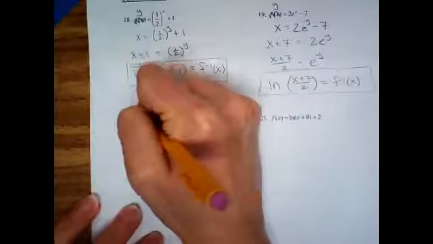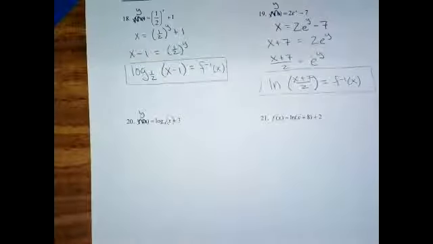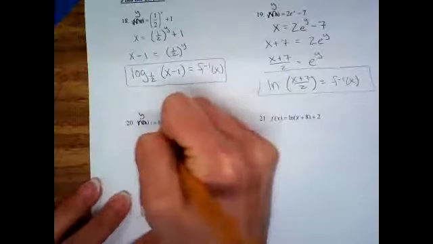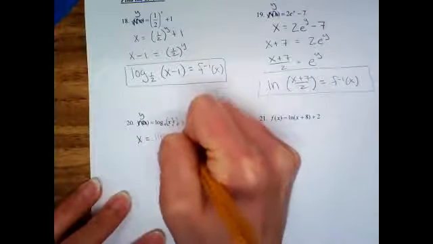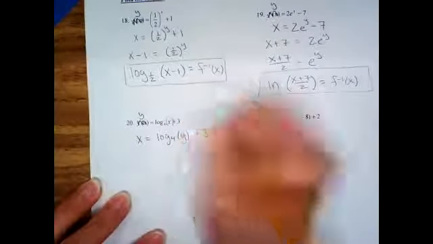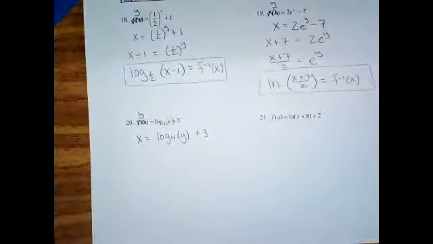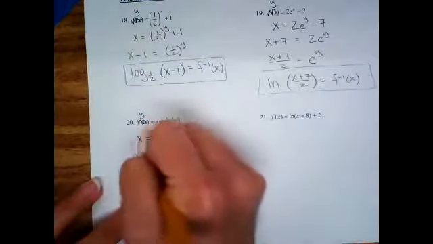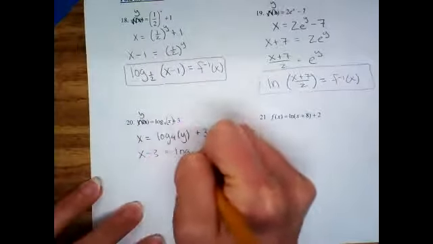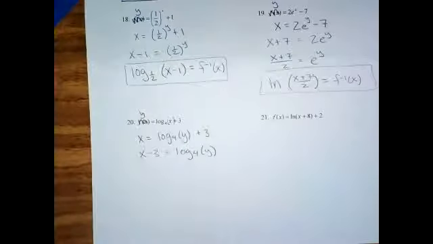So scribble out f of x, call it y. We're going to switch x and y. So x equals log base 4 of y, and then plus 3. And then we're going to solve that. What do you do to both sides? Subtract 3. I'm stuck. How do I get unstuck?